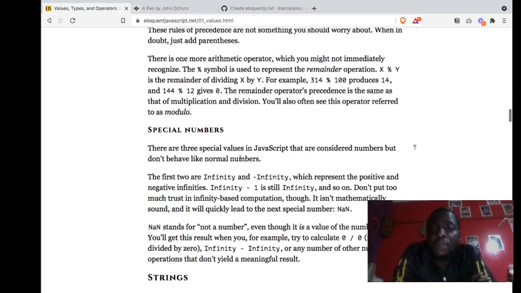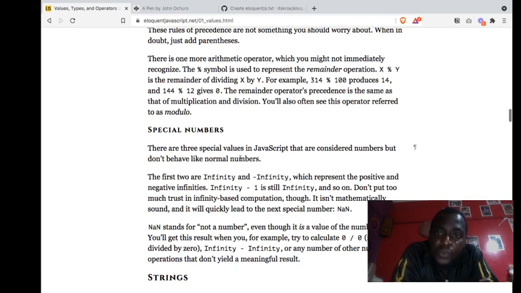There is one more arithmetic operator which you might not immediately recognize, and that is the percent symbol. It's used to represent the remainder operation. So x % y is the remainder of dividing x by y.